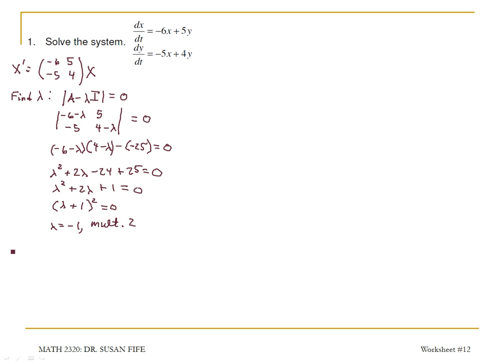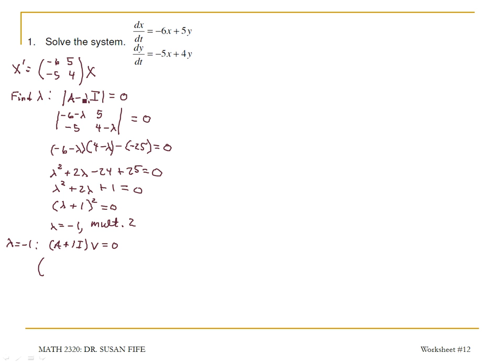When lambda is equal to -1, you can find your eigenvector by solving A minus -1 I, that's the same as A plus 1 I, times some vector is equal to 0. This adds 1 across the diagonal.